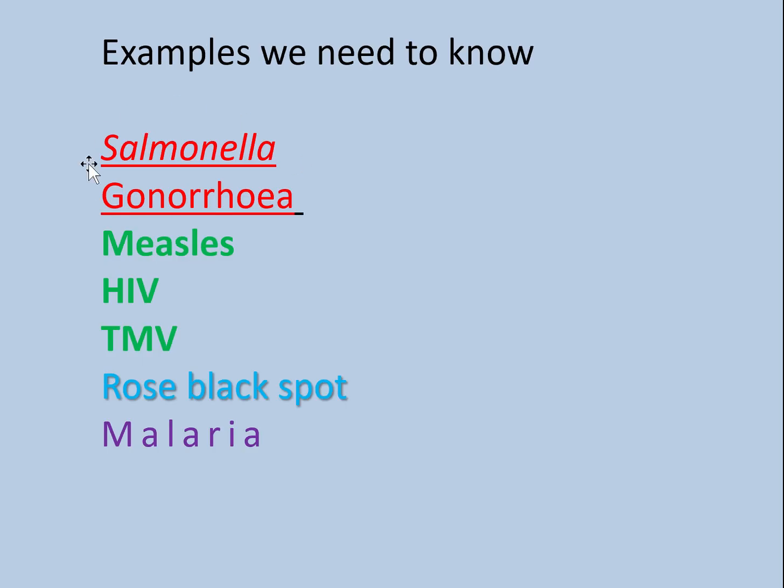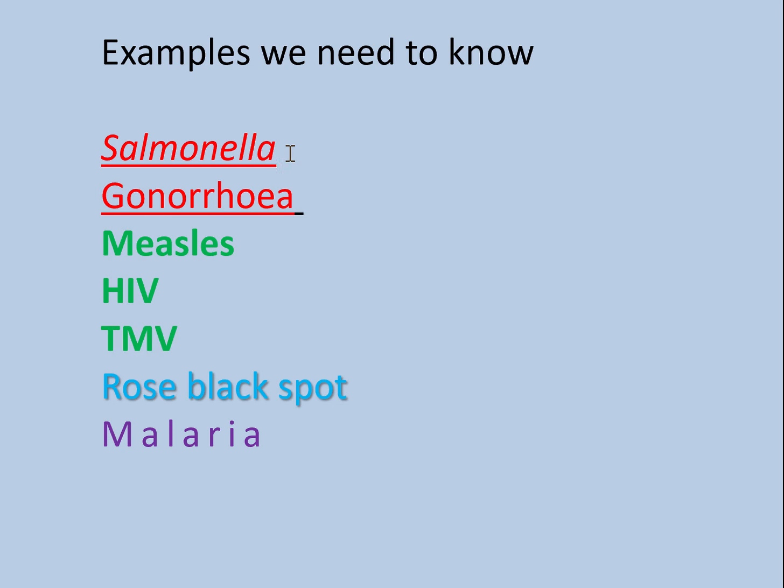The ones in red are caused by bacteria, the ones in green are caused by viruses, the one in blue is a fungus, and the one in purple is a protozoa or a protoctist. What I would like you to do is make some very brief notes on each one.